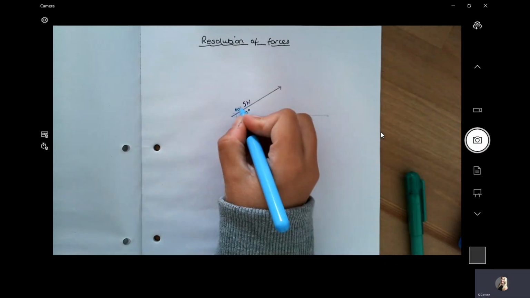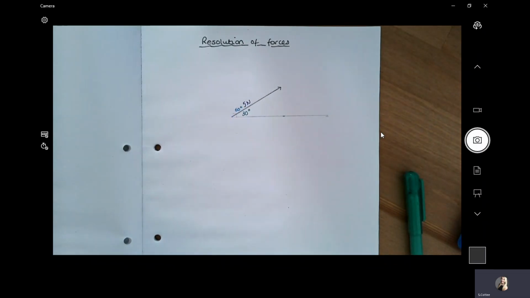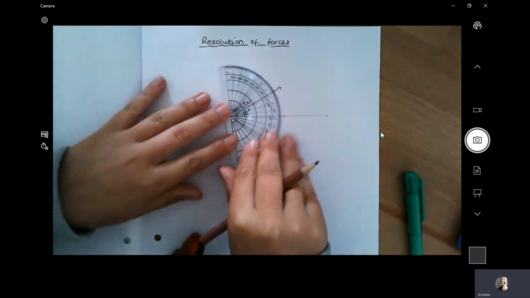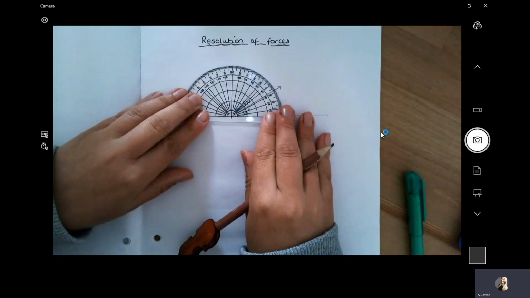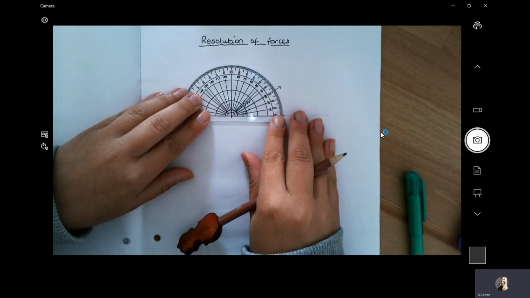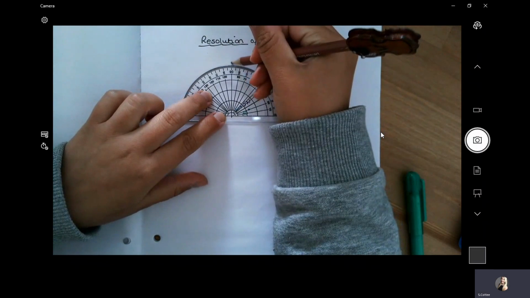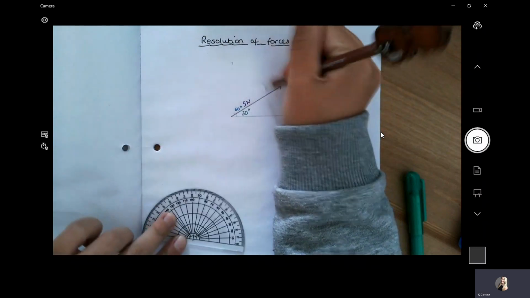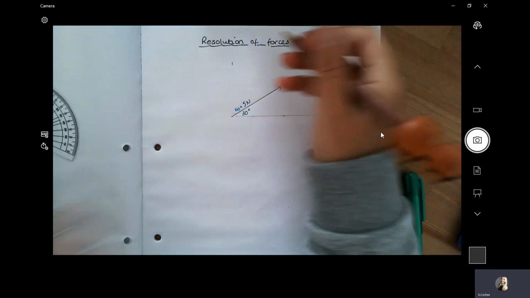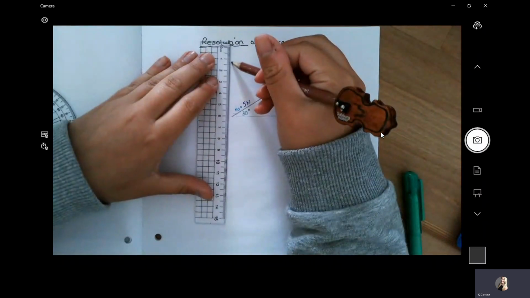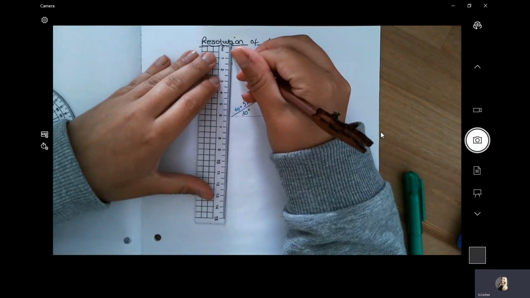So this has to be 60 degrees. So using my protractor again, I can put it back where it was, and the rest of this has to go up to 90. That has to be 60 degrees. And I can draw my vertical component in.